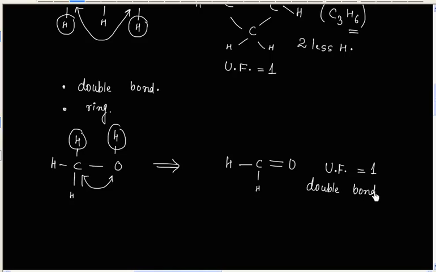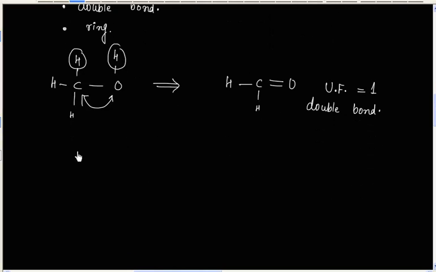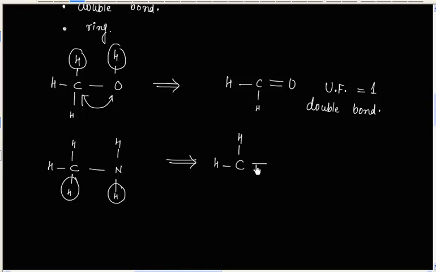We can also have a double bond between carbon and nitrogen. So let us consider this compound. We can remove this hydrogen and this hydrogen, and we can form this compound. This compound will also have unsaturation factor 1, that is, it has a double bond.